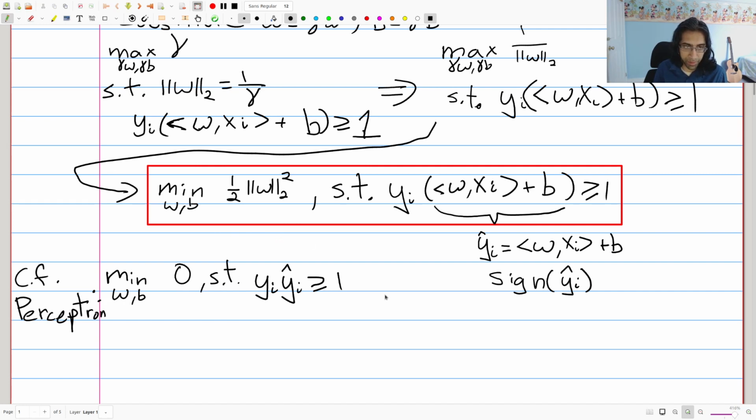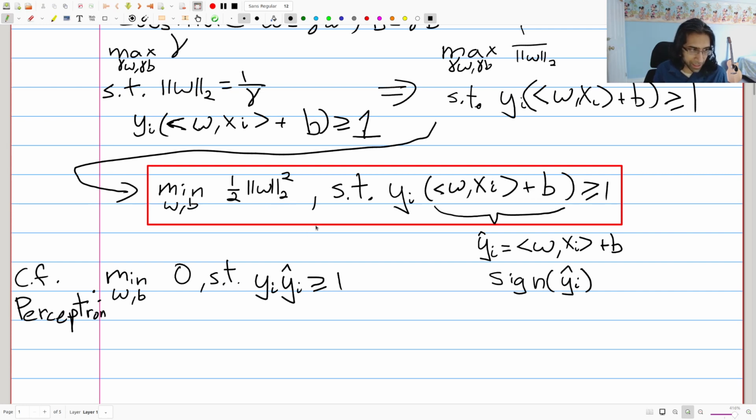It's essentially the same constraints, but the interesting thing is in the perceptron, we didn't try to optimize anything. We just want anything which satisfies these constraints. But here, we try to find the solution which minimizes the L2 norm of the solution parameter vector.